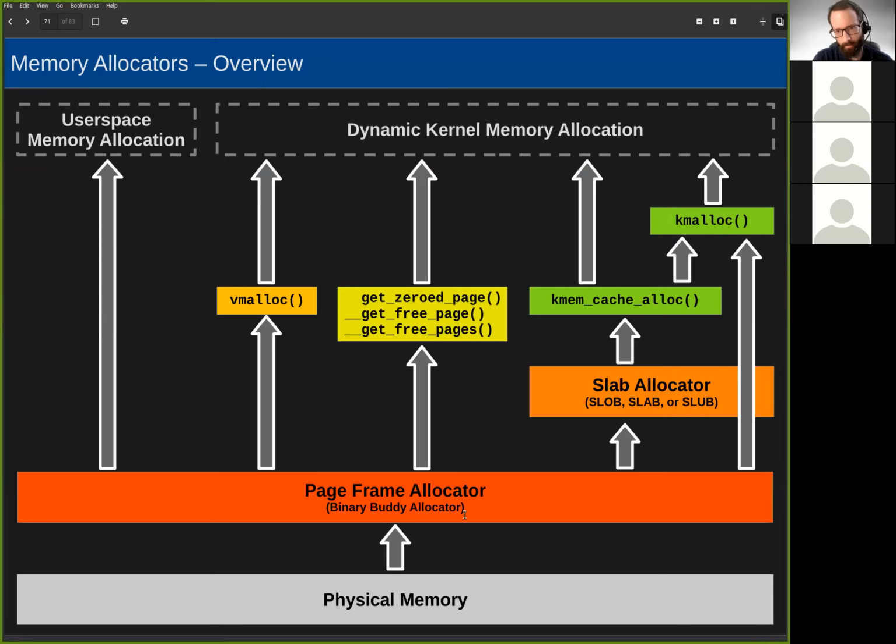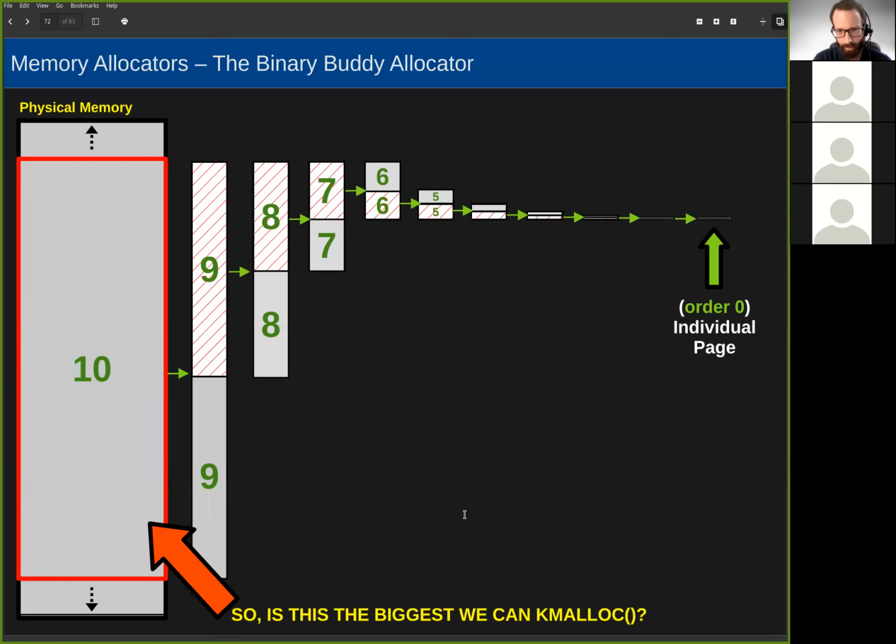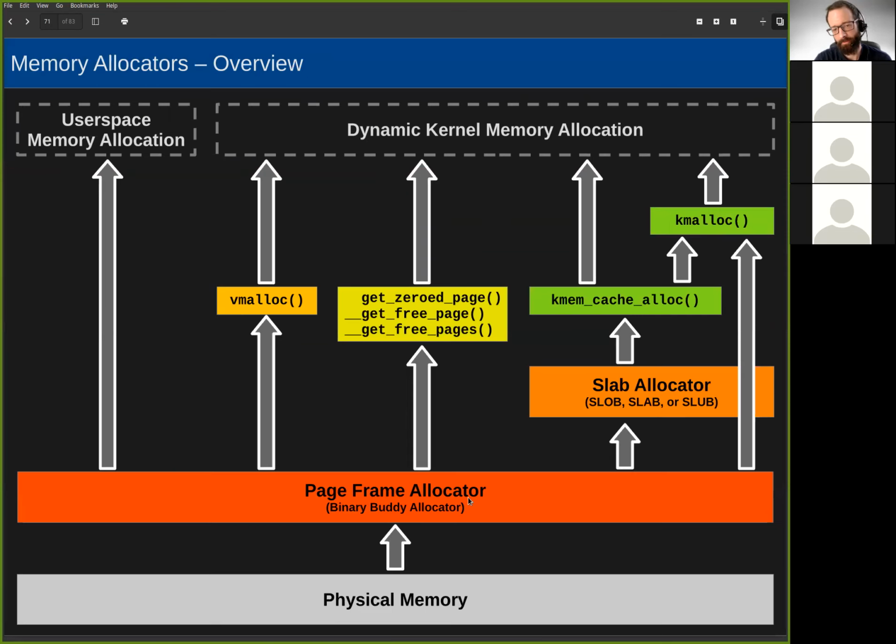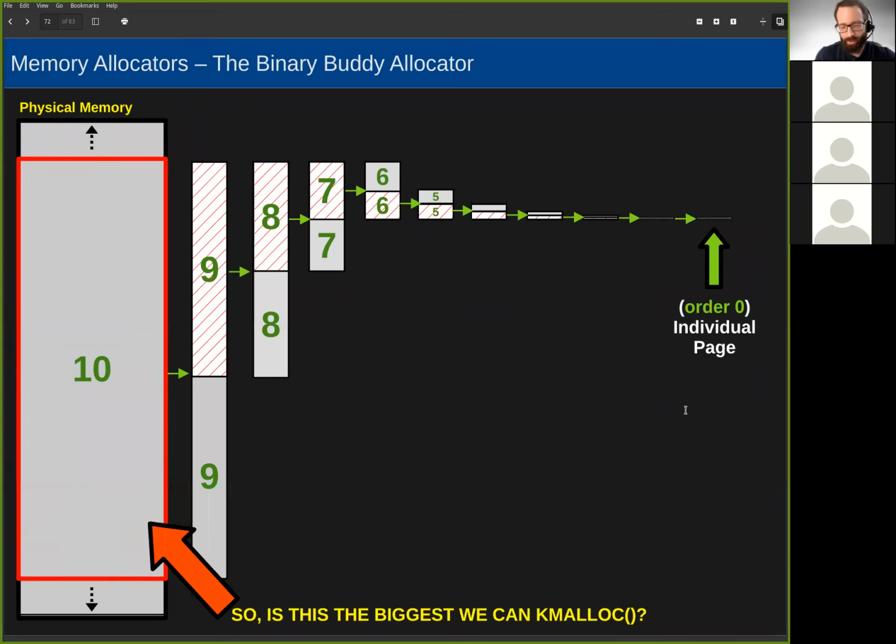So, fine. Does that mean that if our allocation doesn't fit within a kmalloc slab cache, we dip down all the way to the frame allocator? Does this mean that the largest thing that we can kmalloc is an order 10 block? And the answer is yes. That means that this is the largest thing that you can kmalloc. So you can kmalloc things very quickly in a very performant fashion, as long as they're relatively small and can fit within the slab caches that are maintained by kmalloc internally.